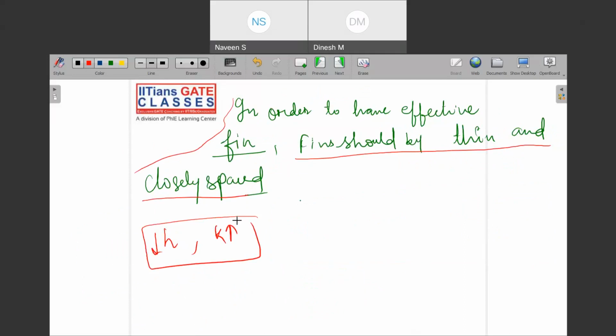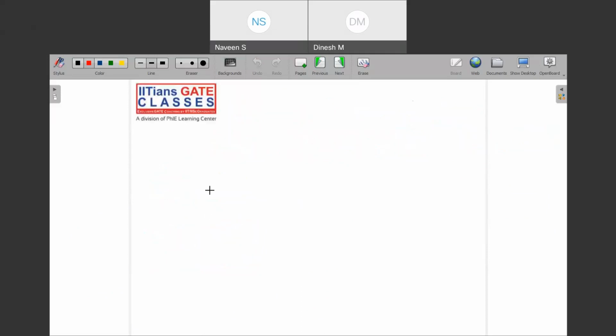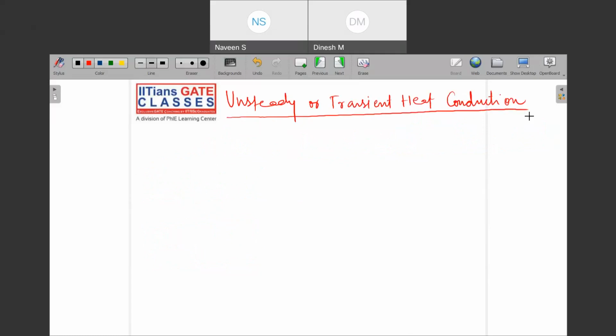Okay. Now let us quickly move to unsteady or transient heat conduction. See, certain times what happens is that you are working with transient heat conduction, right?